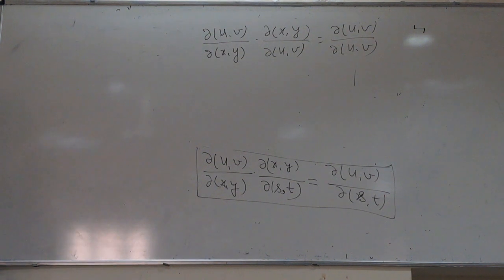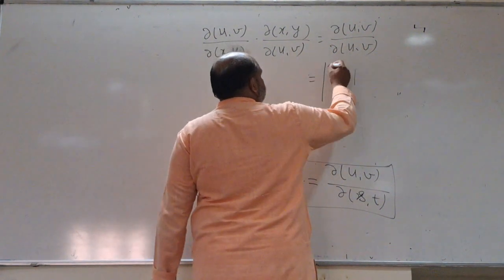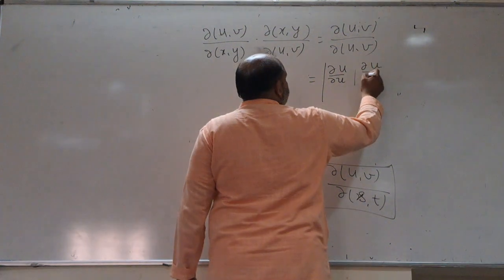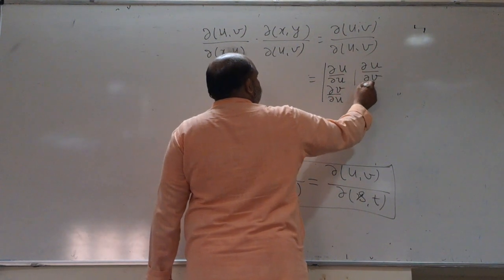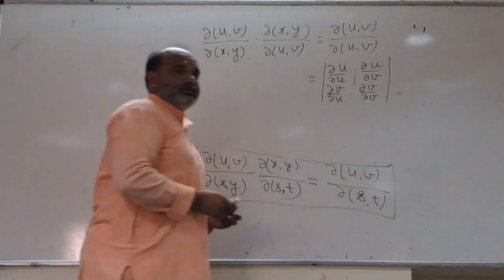Now let me have the definition. Finally, this will be equal to del u over del u, del u over del v, and then del v over del u and del v over del v.